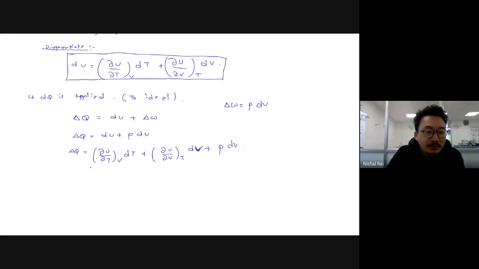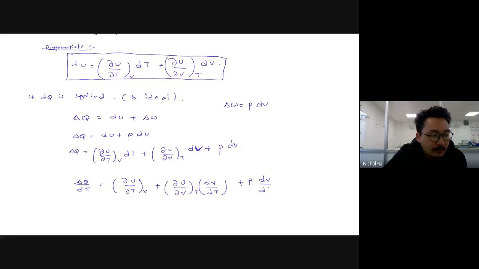Now if you differentiate with respect to temperature, delta Q by dT will be what? The dT will cancel out, so it will be del U by del T at constant volume plus del U by del V at constant temperature times dV by dT, plus P into dV by dT. Clear?